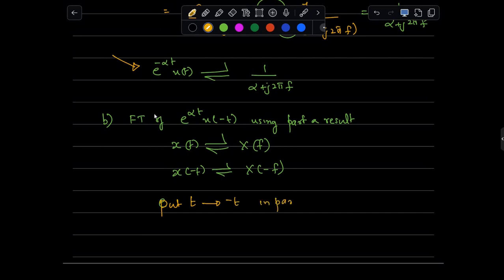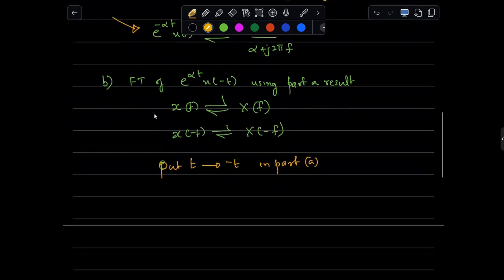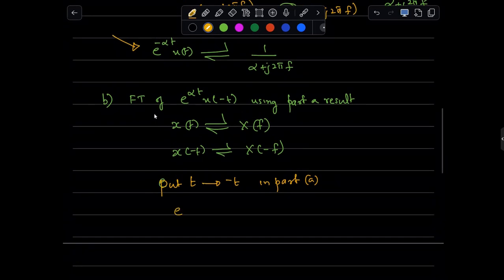Then it becomes e power minus alpha into minus t into u of minus t, which will have the Fourier transform where I replace f with minus f: 1 over alpha plus j2 pi into minus f.